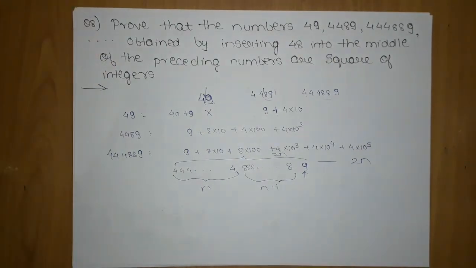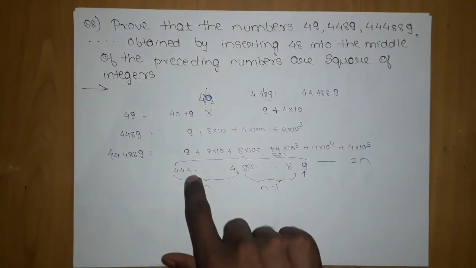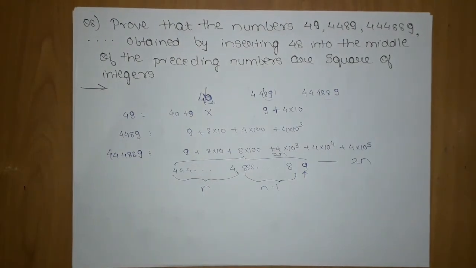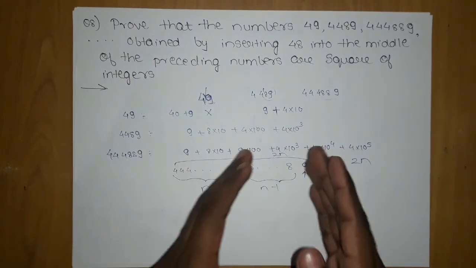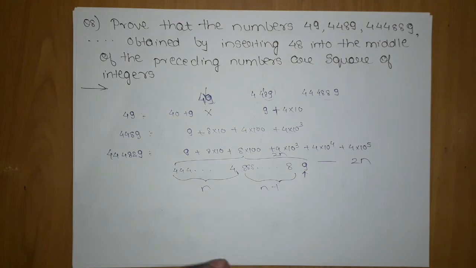So how can I write this last term? If I write it separately, and this separately. We want to prove that this last term is a square of an integer.